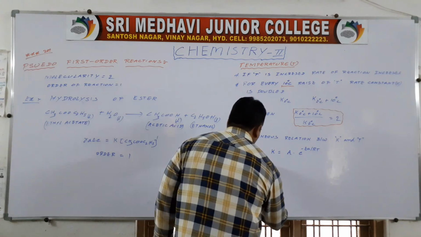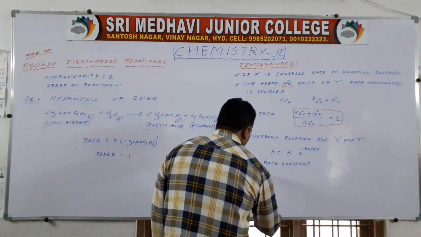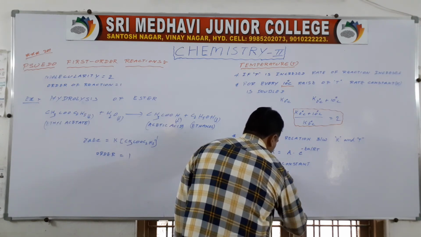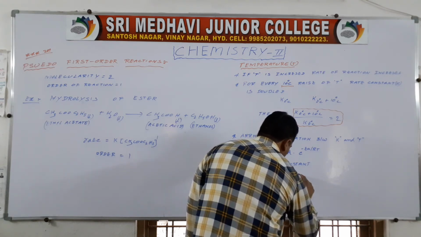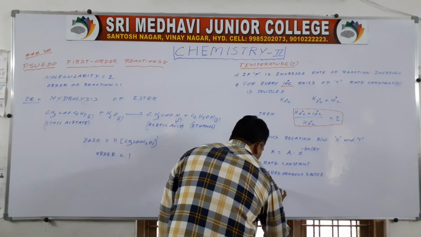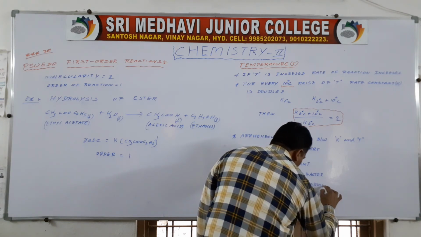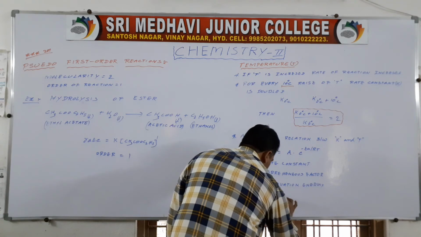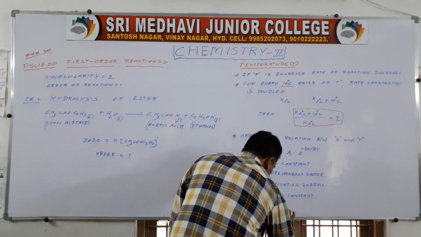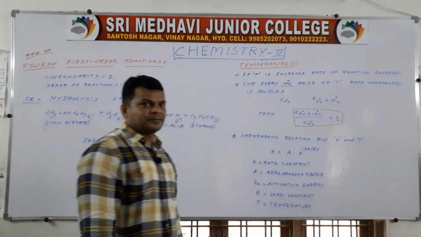Here K equals the rate constant, A equals the Arrhenius factor, EA equals the activation energy, R equals the gas constant, T equals temperature.